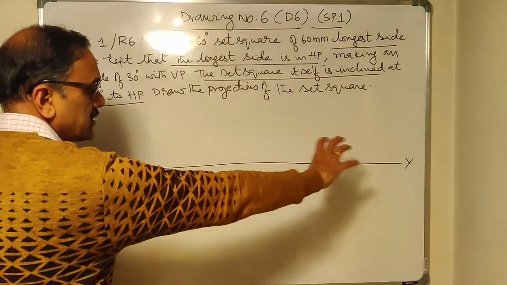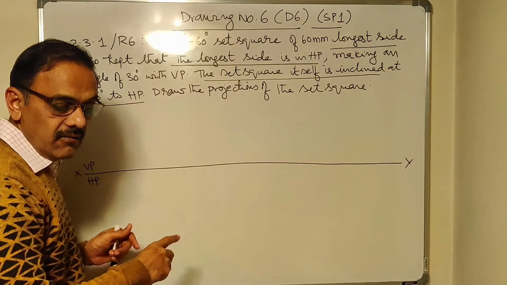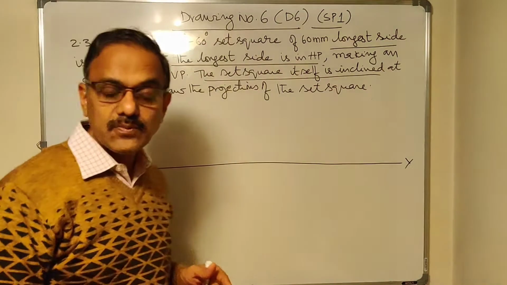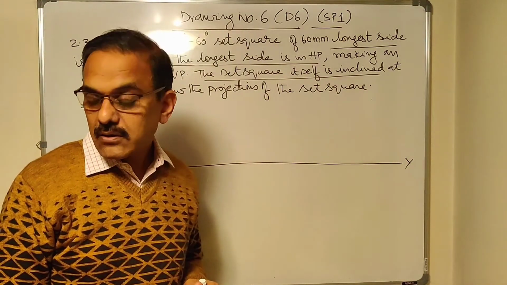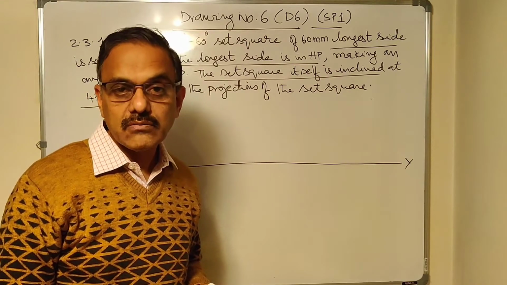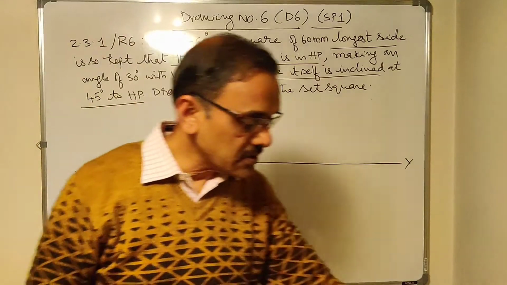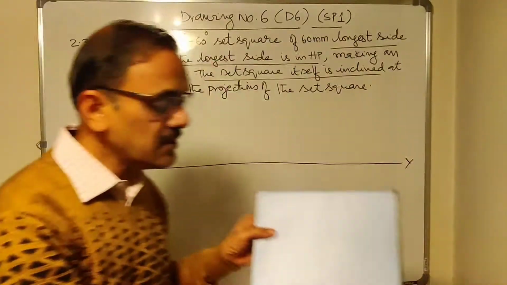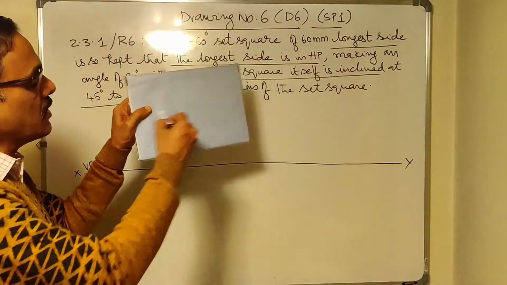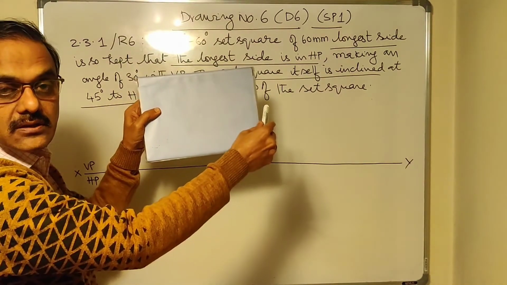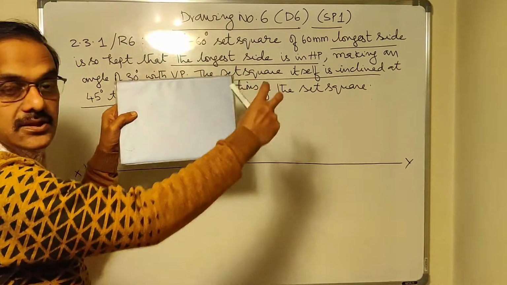That's why I made the XY line big here. Even when you solve this problem in your sketchbook, please keep the sketchbook in landscape position. Don't keep it portrait. Your sketchbook should be in this position so that you can draw your XY line in the middle of the sheet, and so that you can accommodate all the 3 steps.